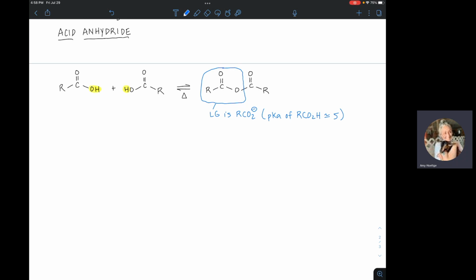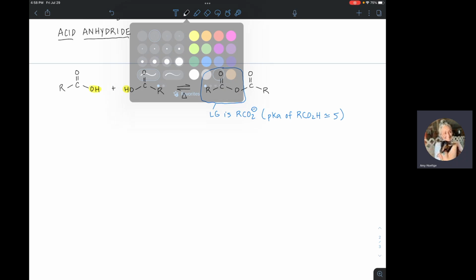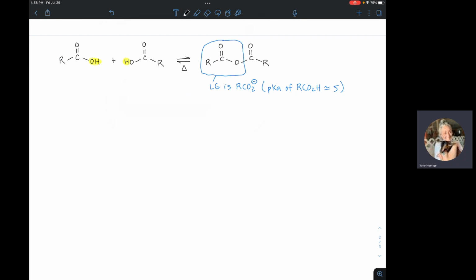The acid anhydrides do react with amines to give amides because there is no acidic hydrogen to protonate them. So, for example, if you want to make an amide, you could use an acid anhydride in the first place instead of the carboxylic acid.